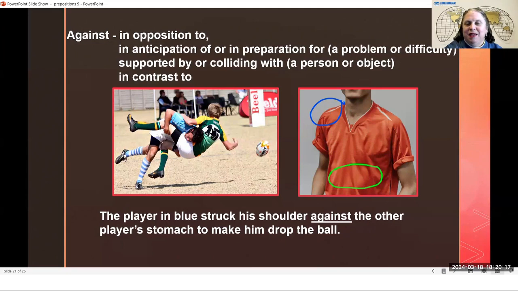You can't really see his shoulder because it's covered up by his head, but it is hitting the other player in the stomach. And that made the player in green drop the ball. They collided against one another. They smashed into each other.